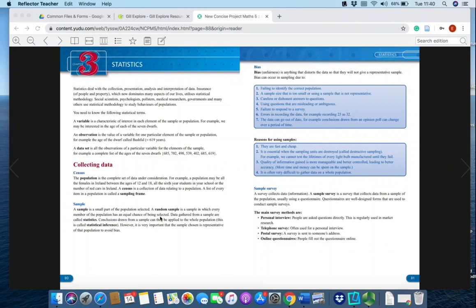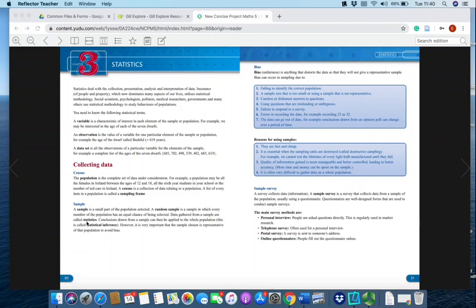So in other words, you assign everybody in Ireland a number from 1 to whatever population we have in the country, and then you let a number generator automatically choose whatever sample size you're looking for. So if it was 1,000 people, you'd let the random number generator select 1,000 numbers from 1 to 4 million or whatever is in the country. Okay, so that's how you do a random sample.